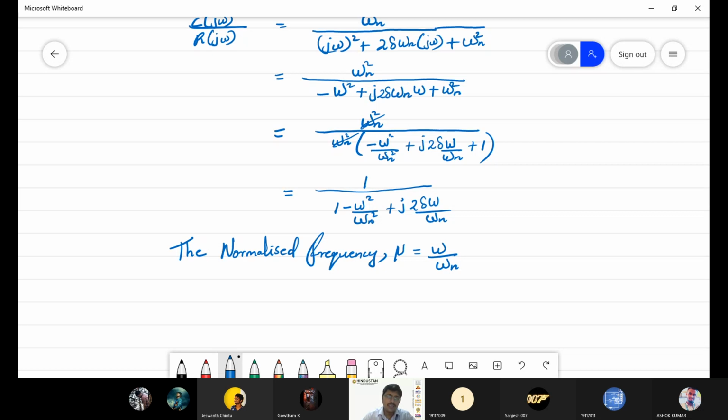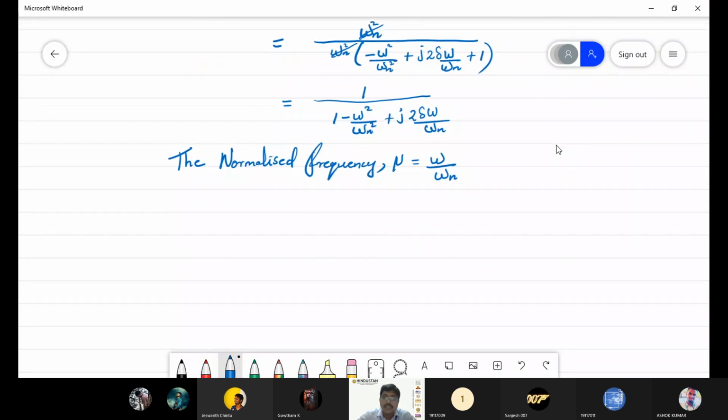It is only for representation, don't think that I am adding a new element, it is only to make it easy to represent. So if you substitute this, it will be further simplified. That is equal to 1 divided by 1 minus mu square plus j into 2 del mu.